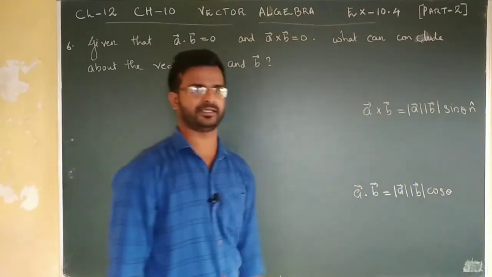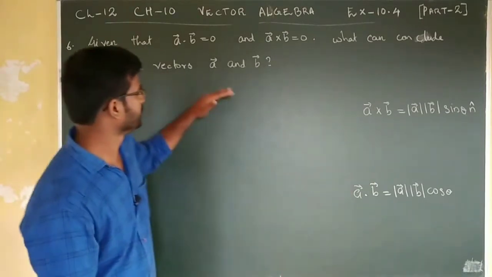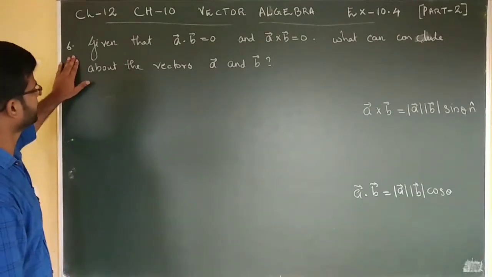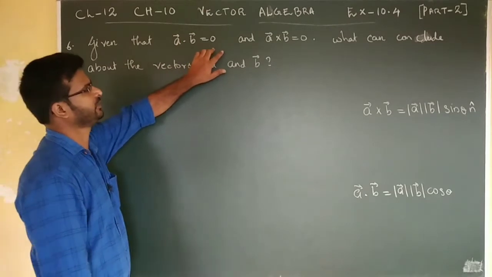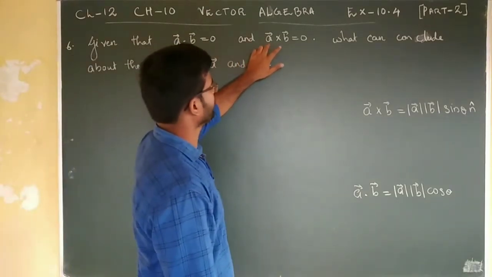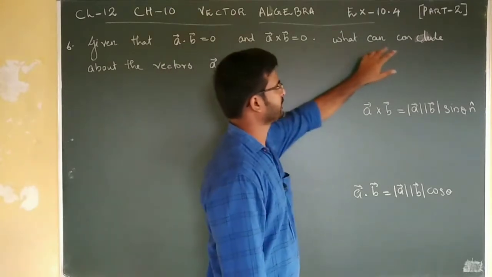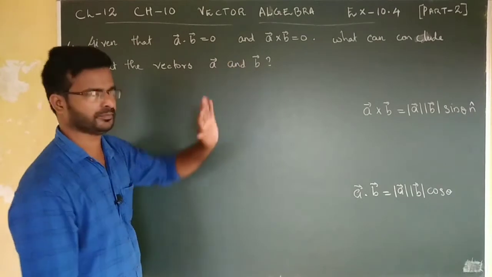This is known as the scalar product. We will use both formulas in question number 6. Question 6 says: given that A vector dot B vector equals 0 and A vector cross B vector equals 0, what can we conclude about the vectors A and B?